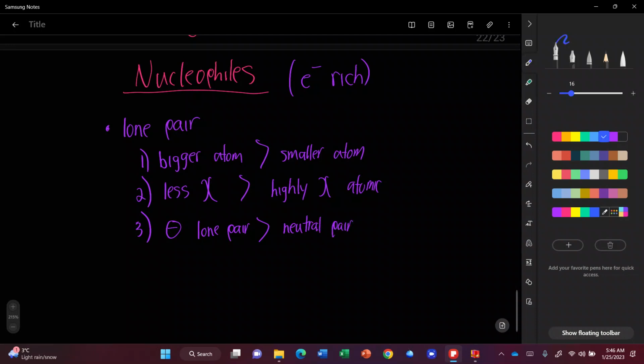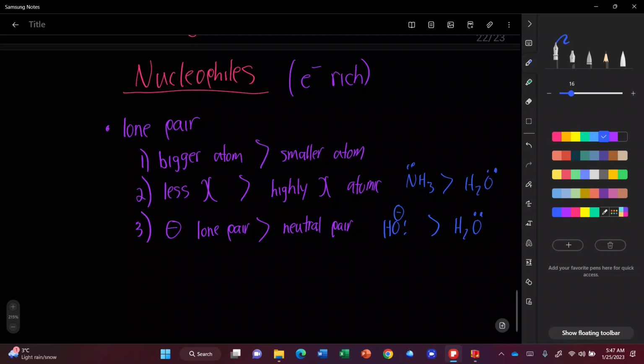Alright, so let me give you some examples of these. So what I mean by this is that something like OH minus is going to be more nucleophilic than something like water, even though in both cases I have a lone pair on an oxygen. For number 2, something like ammonia is going to be more nucleophilic than water.